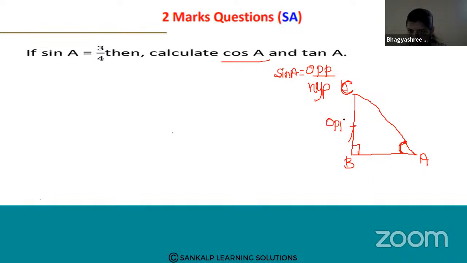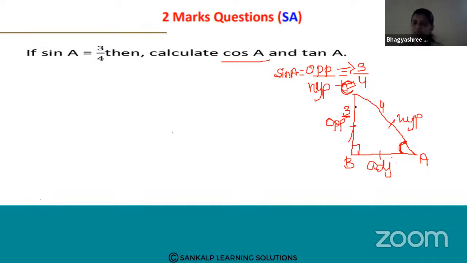BC is the opposite side, this is the adjacent side, and this is the hypotenuse. The side opposite to 90 degrees is the hypotenuse. The side opposite to angle A or angle theta is the opposite side. So opposite side divided by hypotenuse. Sin A value they have given is 3 divided by 4. So opposite side value is 3 and hypotenuse value is 4.